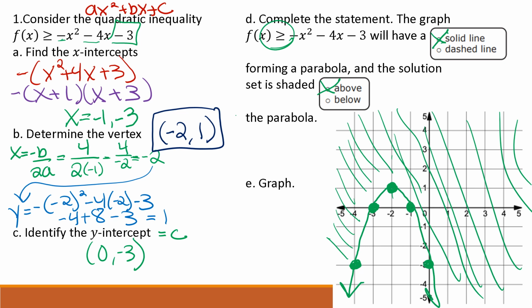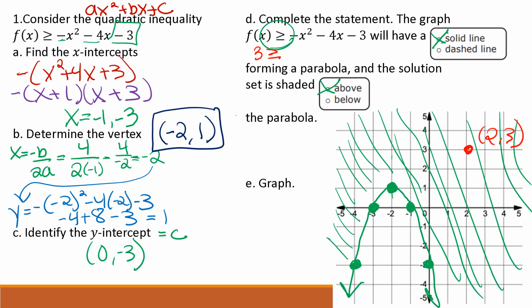So what that means is if I chose an ordered pair in the shaded region, it could literally be any ordered pair, say 2, 3. If I were to plug in 2 for x, I would have 3 over here for y, and then I replaced every x with 2, that should make a true statement. Whatever I get should be less than the 3.